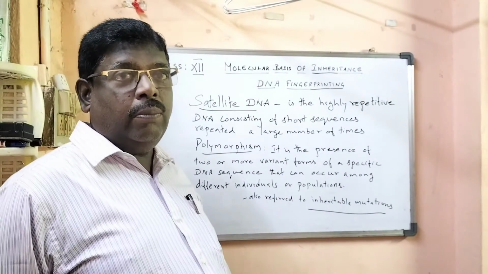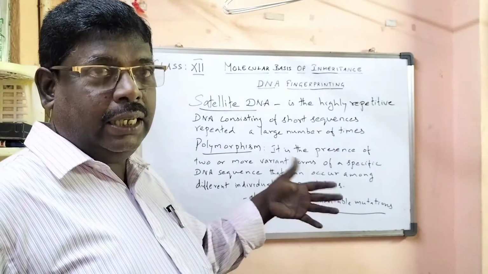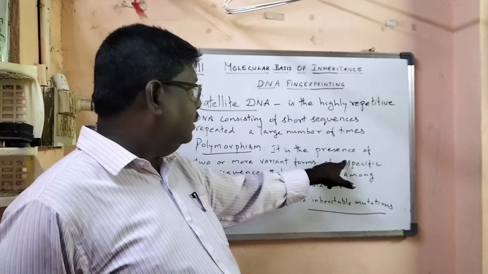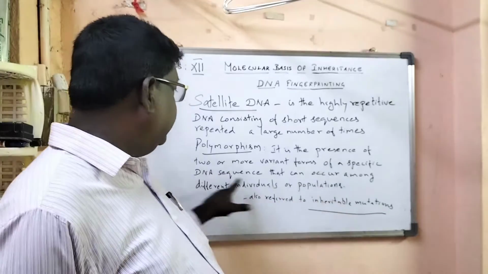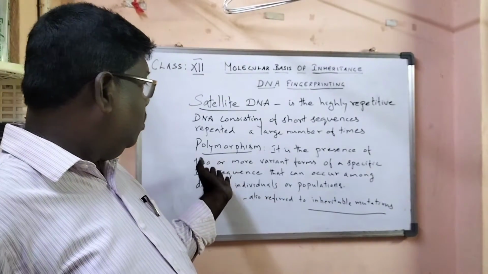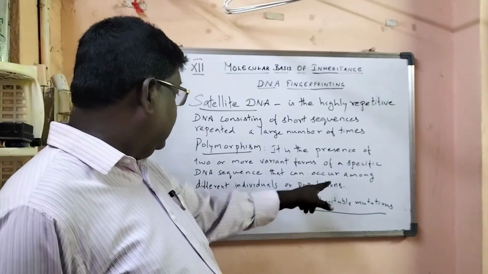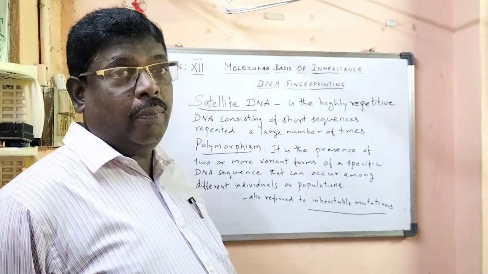Next word is polymorphism. What do you mean by polymorphism? Poly, many different variants. It is the presence of two or more variant forms of a specific DNA sequence that can occur among different individuals of a population.